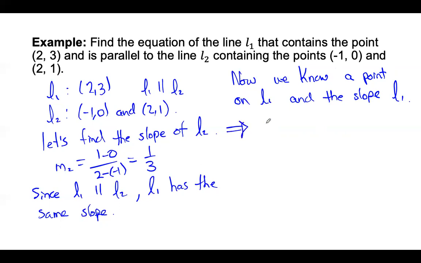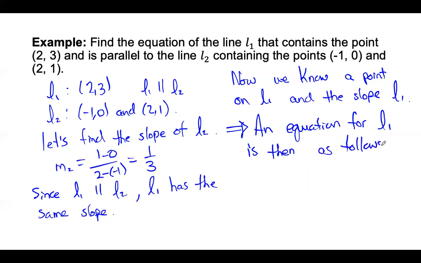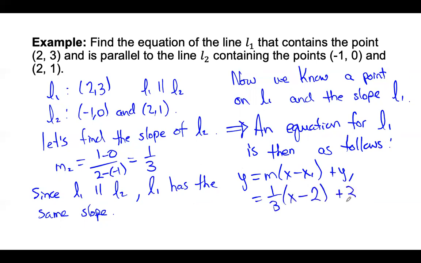So an equation for L1 is then as follows. It's just going to be y equals m times x minus x1 plus y1. We've got the slope, it's 1 over 3. We've got our point. We plug in our point, and that's it.